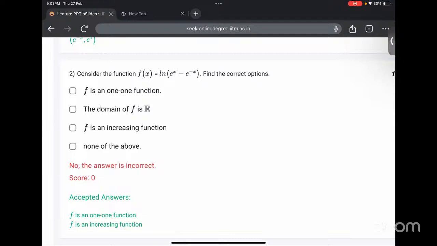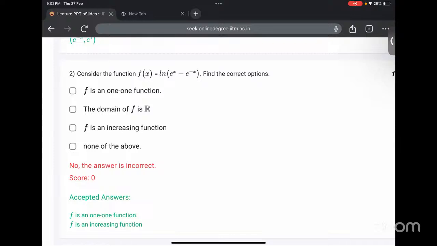Sorry, ma'am. You mean that the natural exponent and e power minus x both are 1-1, because exponents are always 1-1 functions, and because they're composed with one more 1-1 function, which is the logarithm, this whole function will be 1-to-1? Yeah. That means the composition of two 1-1 functions is a 1-1 function, so we will use this logic.